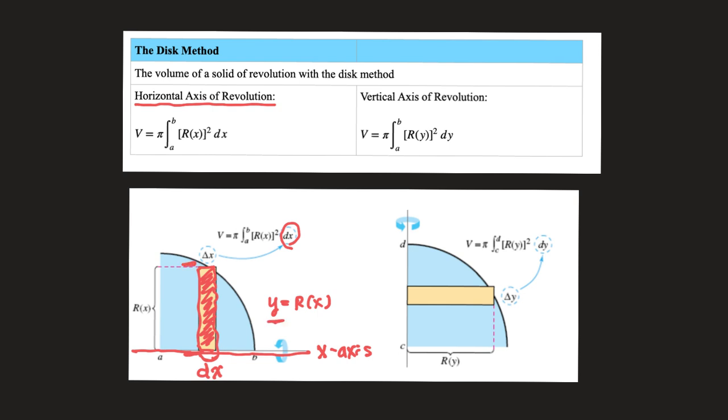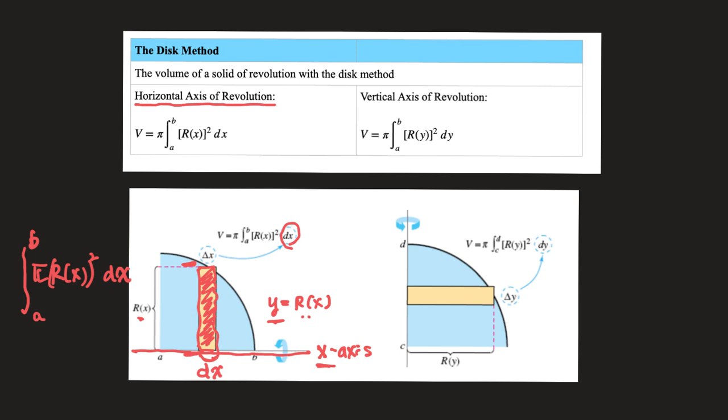That's y, so the radius is y equals r of x. From the previous slide, the volume of this piece is pi r of x squared dx. The integral means all together, we did only one piece of a rectangle, then from where to where? From a to b.